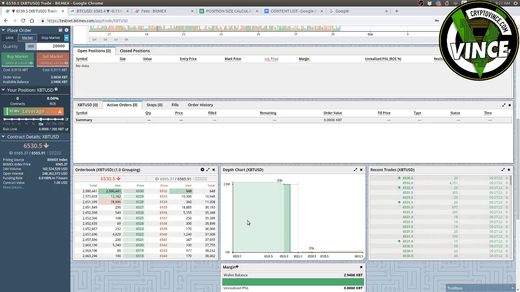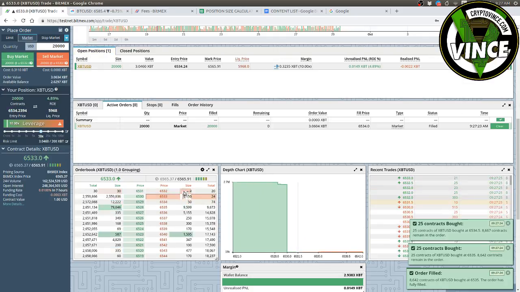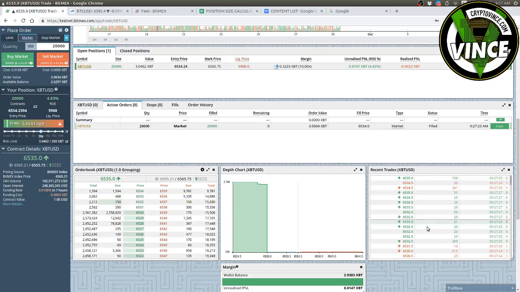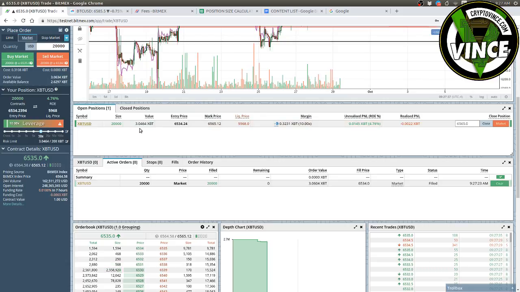Okay, boom. As you can see, those orders that were here are gone now. So I bought directly from the order book. My position is in, and it's right here. Here you can see from this chart your position size.